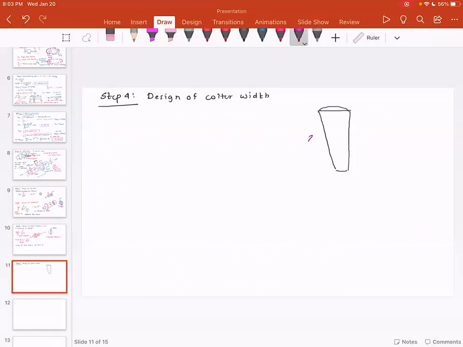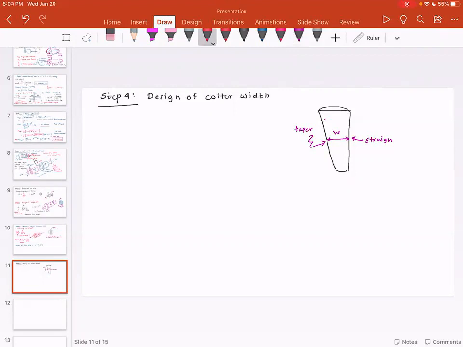You will have a taper end, and then you will have a straight end. And usually the width is going to change. So the width of the quarter actually changes. So for design purposes, we look at the average width.